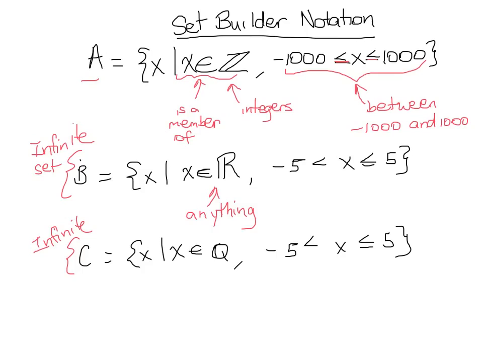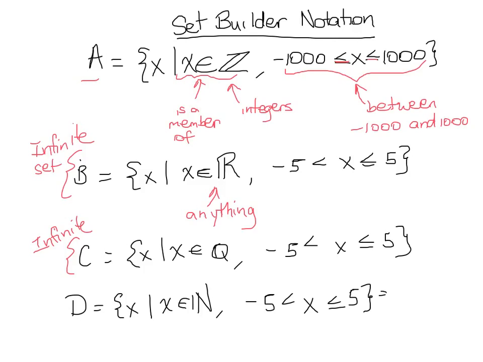But again, let's say D were the natural numbers between, I'll use the same values so you can see the comparison here, between -5 and 5. We totally could list natural numbers between -5 and 5. Natural numbers, as you may recall, are positive whole numbers.